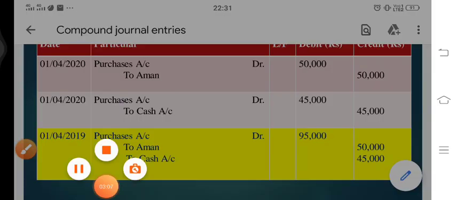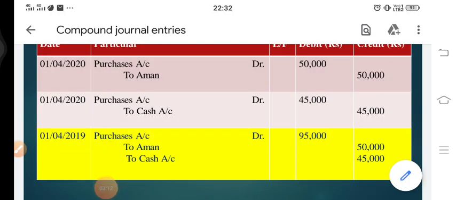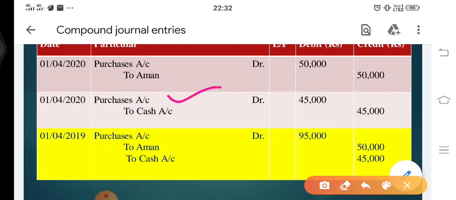Since purchases are coming into the business, purchases account is debited. Cash is going out from the business, and as per real account, anything that goes out needs to be credited. So we pass the journal entry purchases account debit to cash account. That means purchases is being debited and cash is being credited.